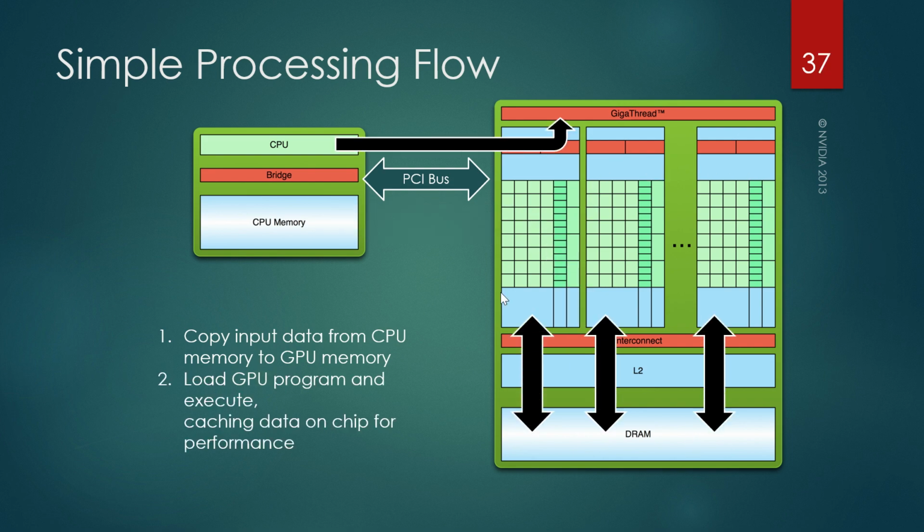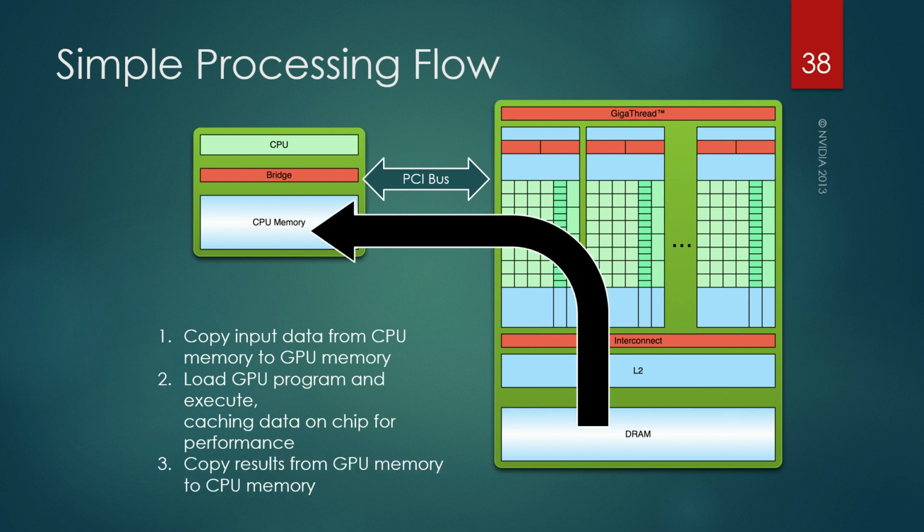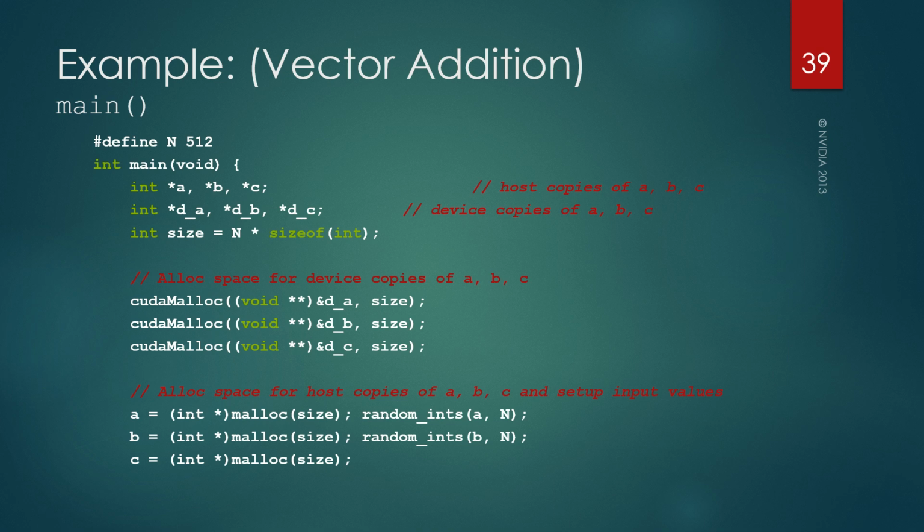Then you load the kernel portion, which will pull, for each thread, whatever data is indicated by the thread ID or index, and I'll get into that. Then at the end, you pull back the results so you can do something with them.